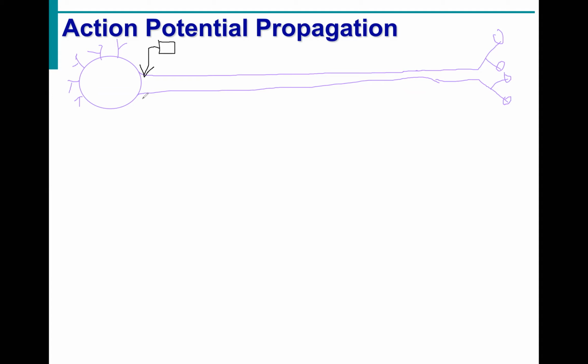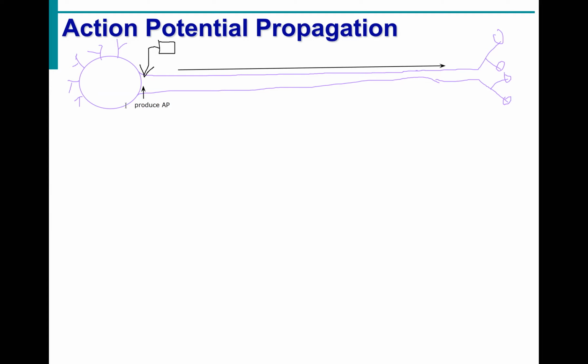And of course here at our axon hillock is where we are going to produce our action potential. But the second step of this process, the second thing we need for communication, is we need to then now be able to propagate.